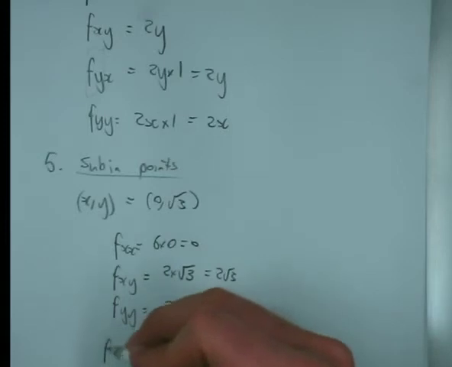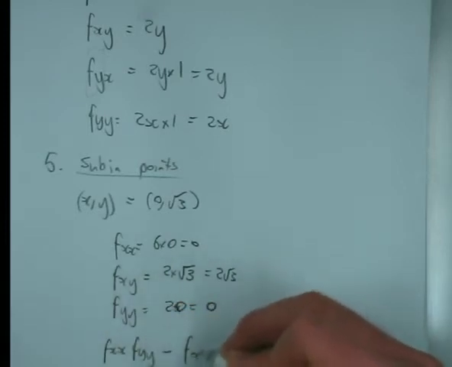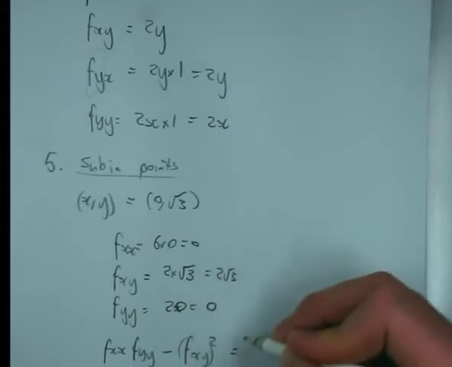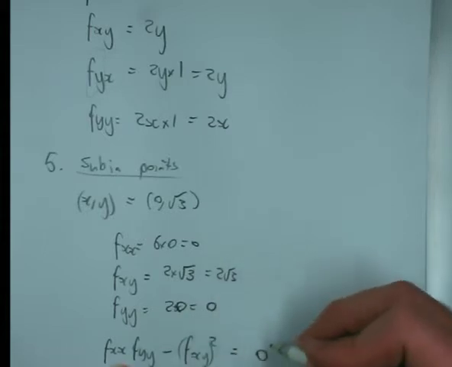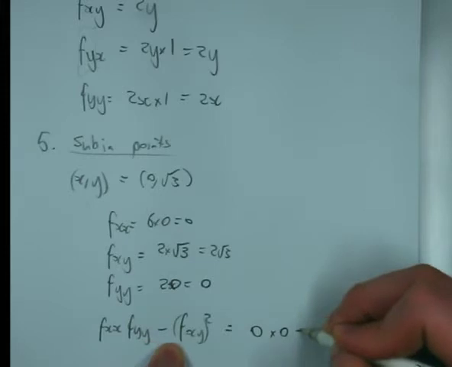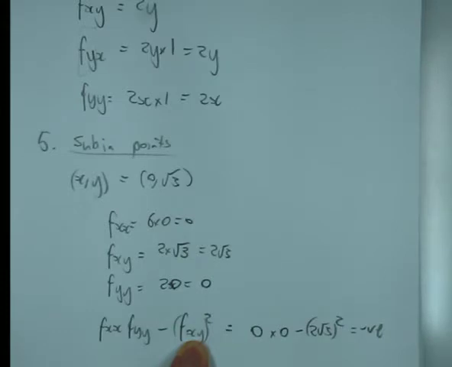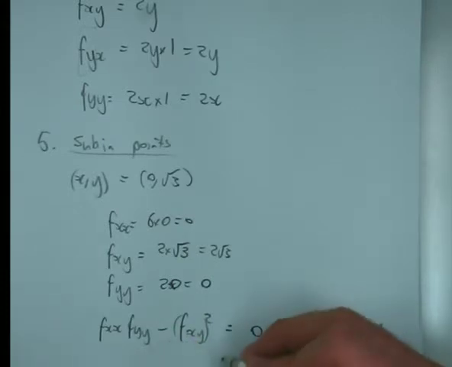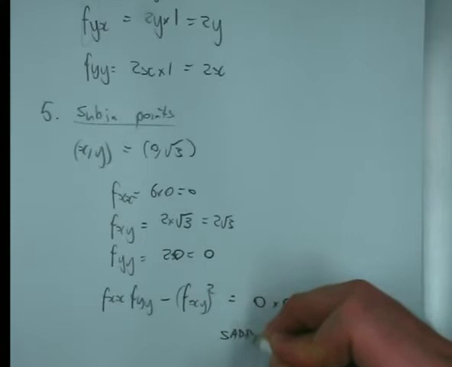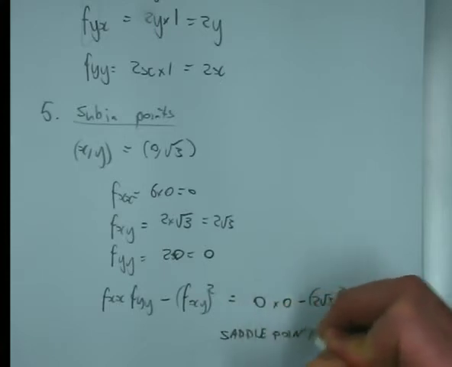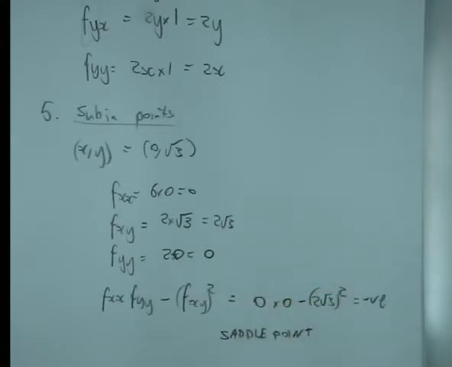And so I've got that fxx fyy minus fxy squared. fxx is 0, fyy is 0, fxy is 2 root 3 squared, but that's negative, so it's a saddle point. So at that point I have a minimum in one direction and a maximum in the other.